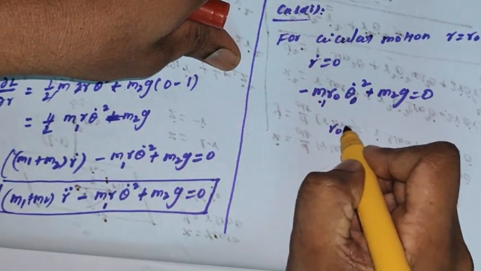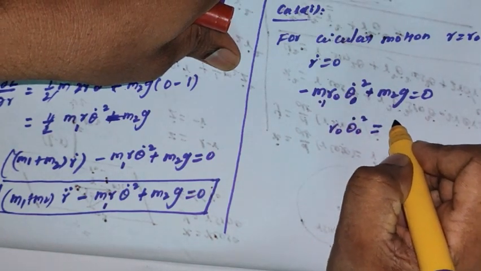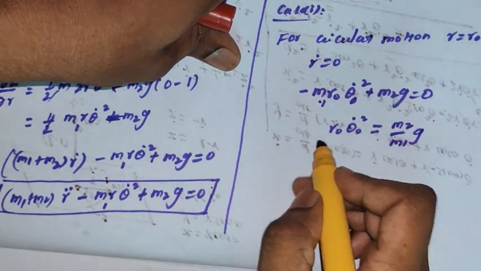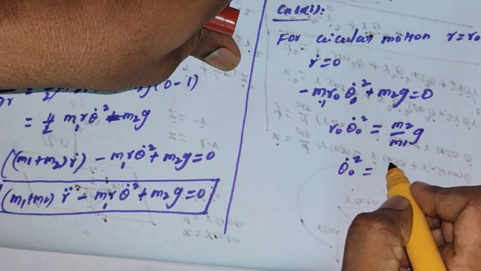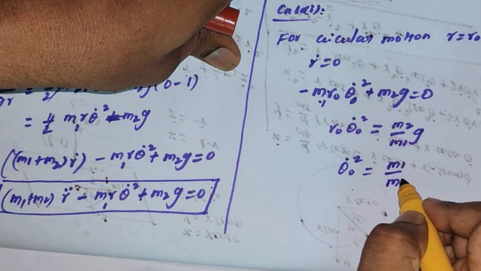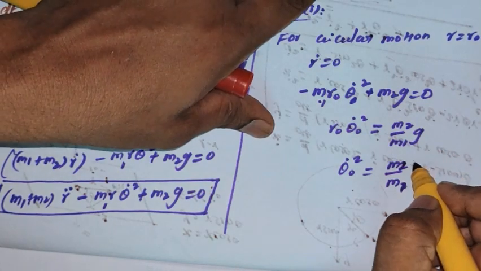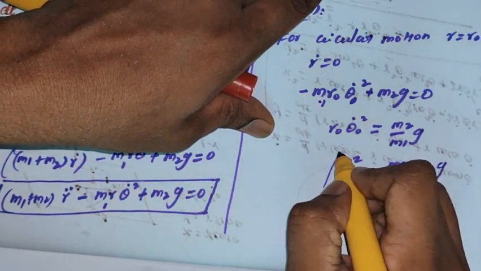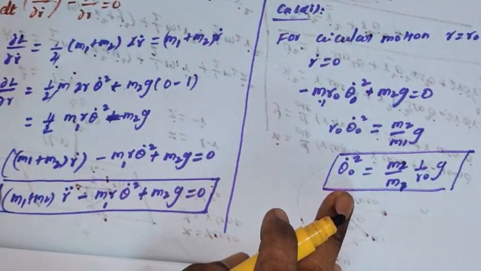Hence m1 r naught theta dot square equals m2 g, or theta dot square is equal to m2 by m1 divided by r naught into g. For the circular motion, we found theta naught square.